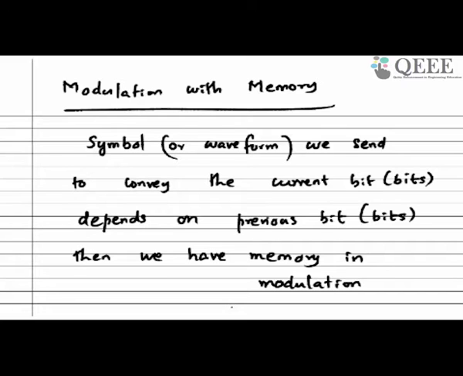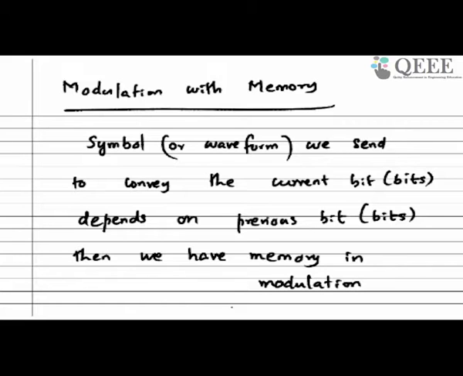This phase error will come into the picture in detecting the symbol. It will give you an offset and affect the final performance, because the information is conveyed through the phase of the carrier.